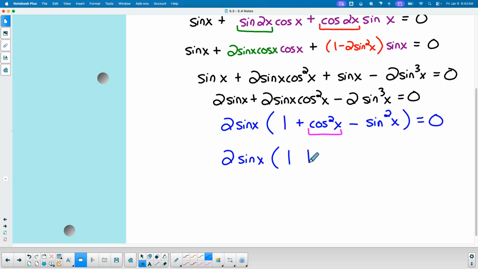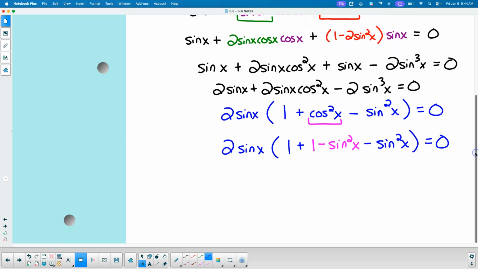Oops. Come on. Simplify it again. Agree?